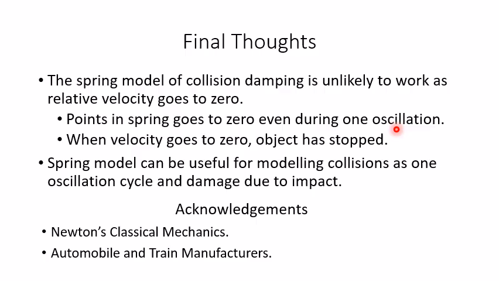So this happens even during one oscillation of the spring system. So when velocity goes to zero, the object has stopped already, but the spring model can still be used because it is better than the currently available models which are rigid frames. Spring model can be used when the object undergoes one oscillation, it still loses energy.